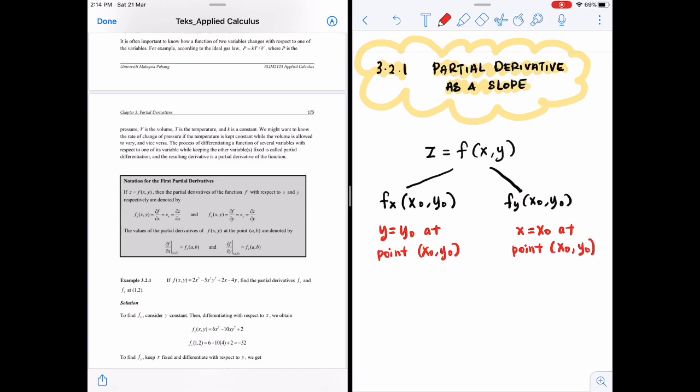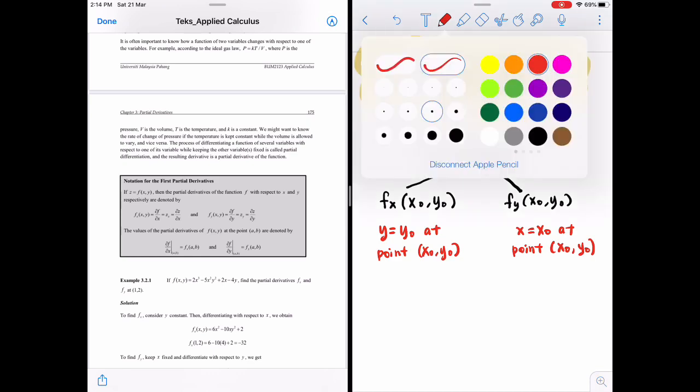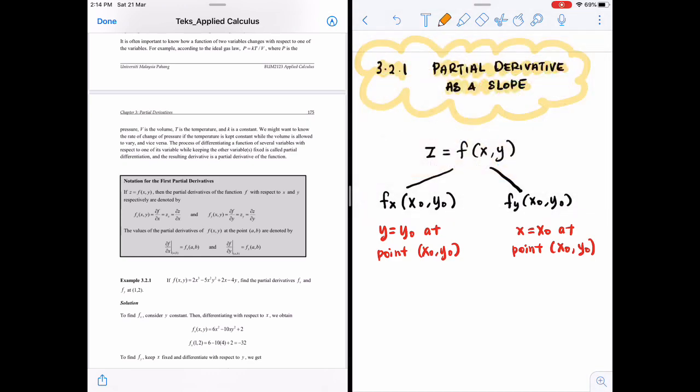Okay, because we always consider y as a constant every time we differentiate our function f with respect to x. So for this one we will always let y equal to y0, and every time we differentiate our function with respect to y, we will always consider x as a constant. So this is for the plane x equal to x0.